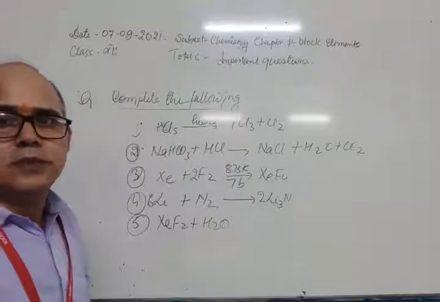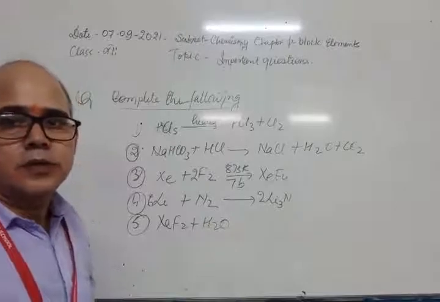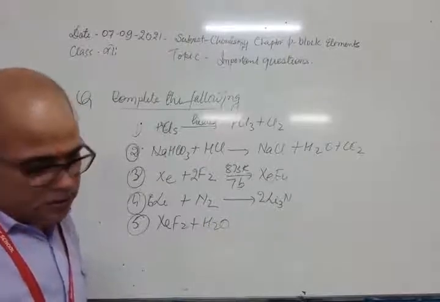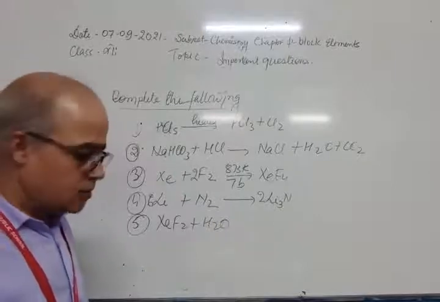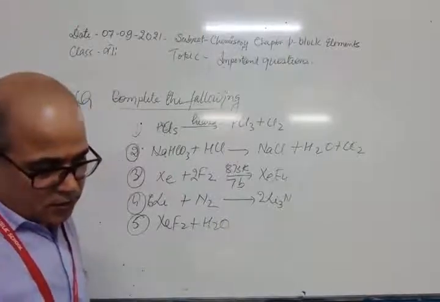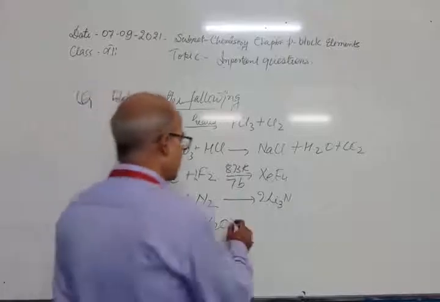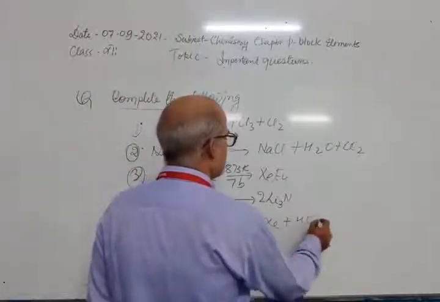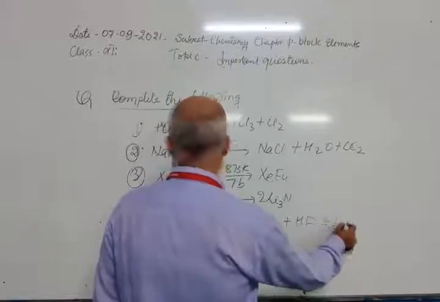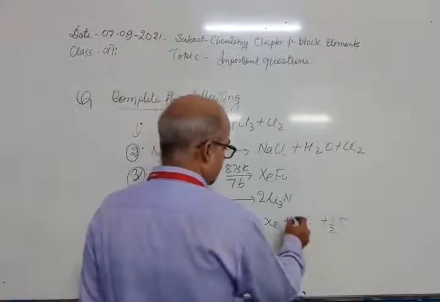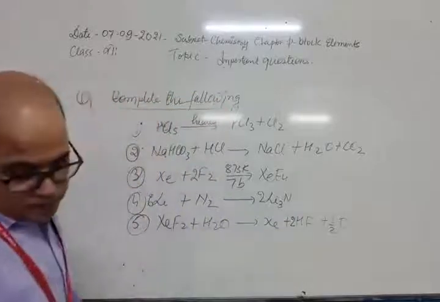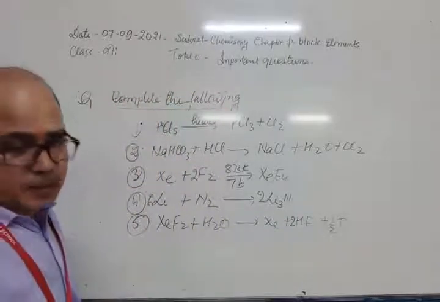Now next we will see the question. Reaction of HCl2 with water. It will give Hc plus HF plus half O2. It will give 2 HF and half O2. This is the complete reaction.